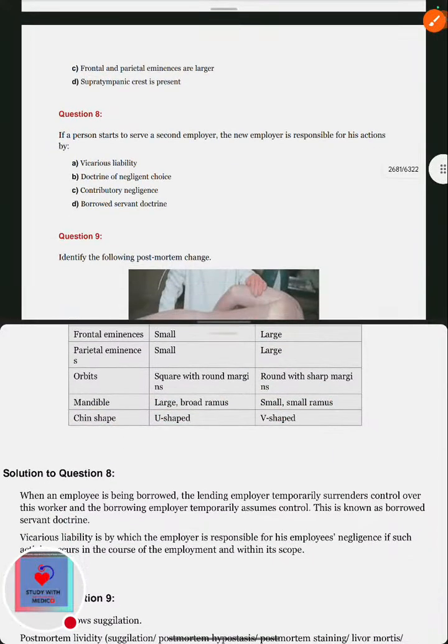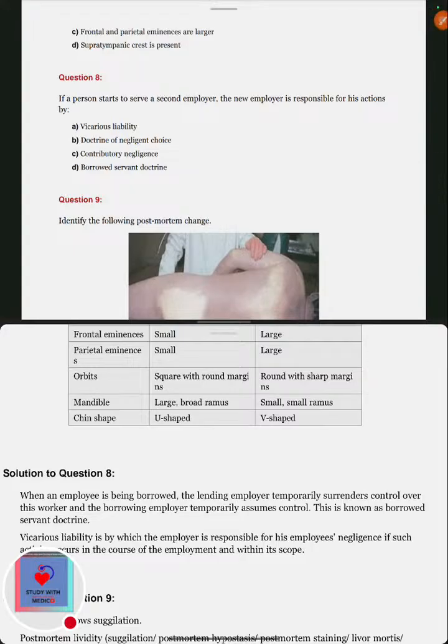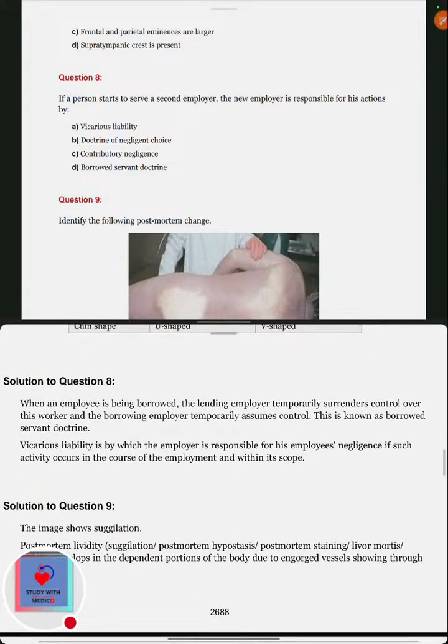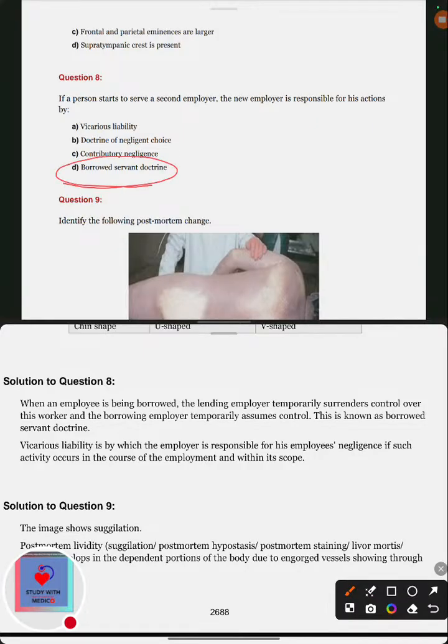Okay, next question. If a person starts to serve a second employer, the new employer is responsible for his actions.